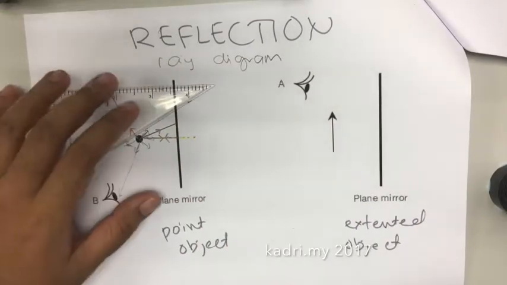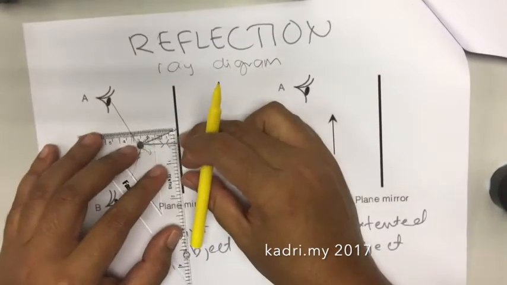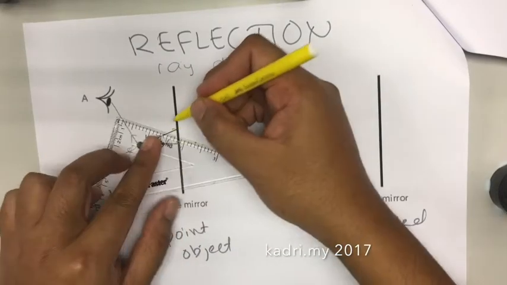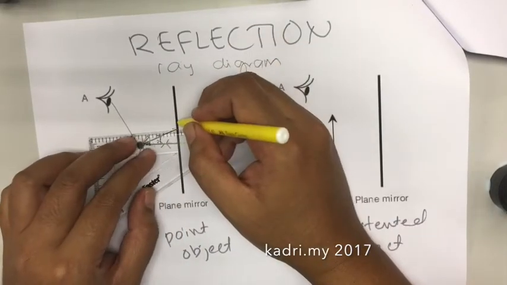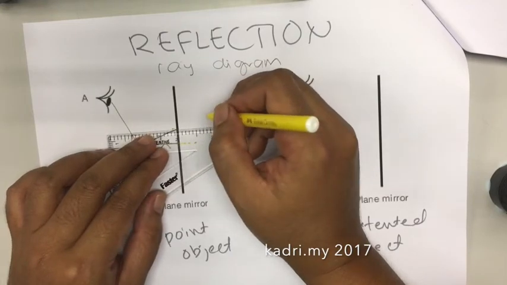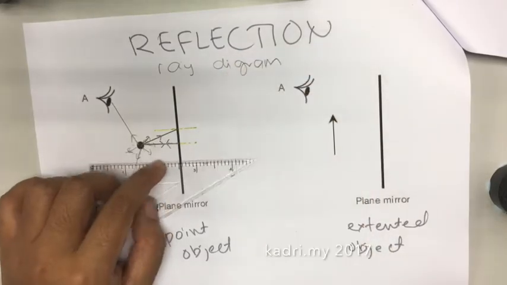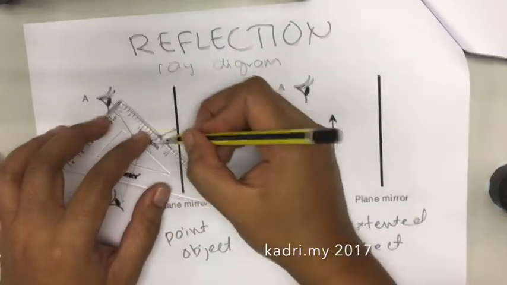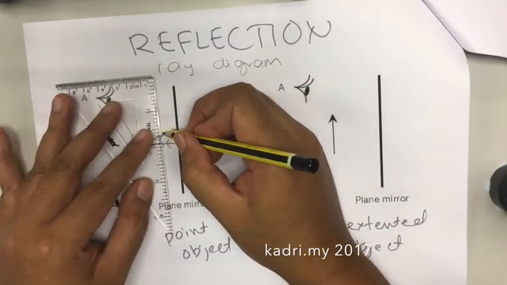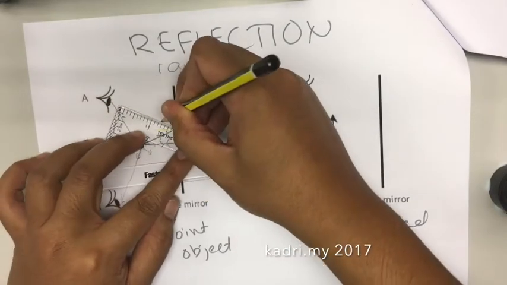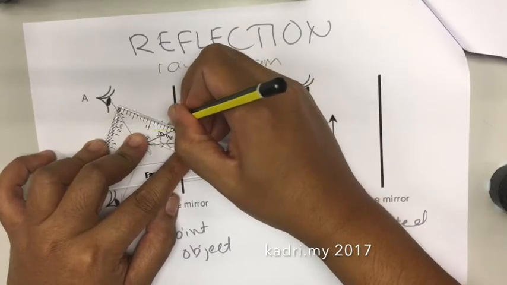Let's draw the normal line again. The normal line is at 90 degrees. Let's use our ruler to guide us. Then we have to draw a reflected ray so that the incident angle is equal to the reflected angle.